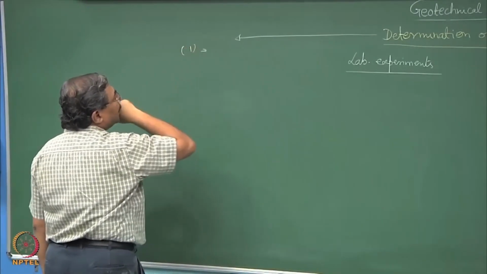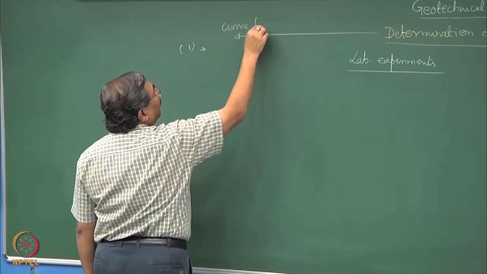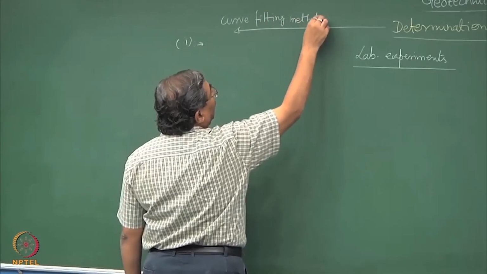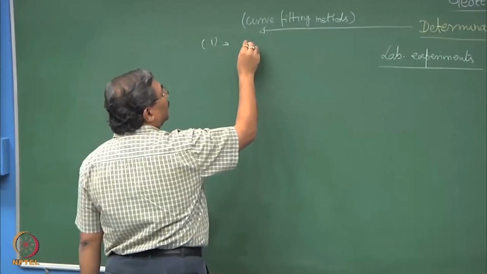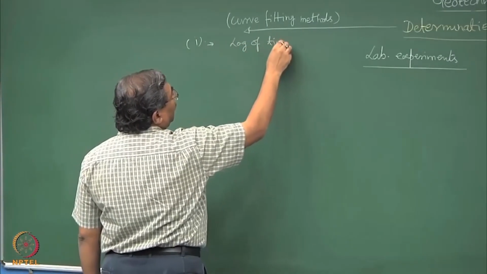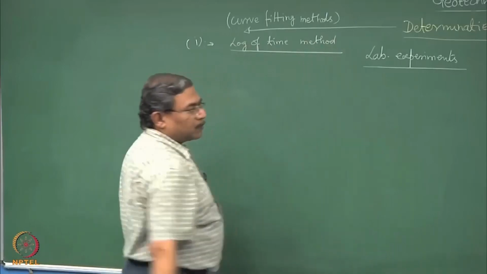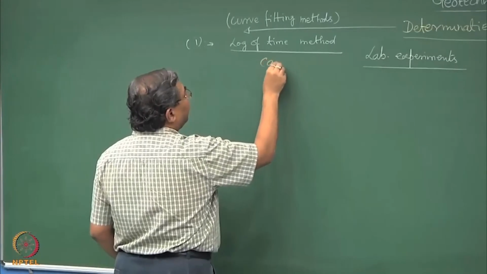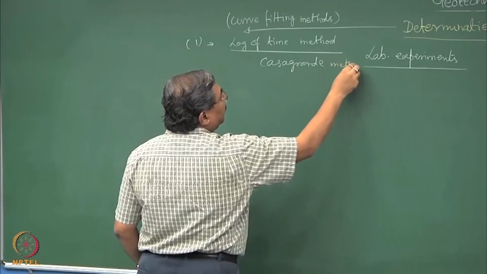These are known as curve fitting methods. The first one is what is known as the log of time method. This was proposed by Casagrande, Casagrande's method.